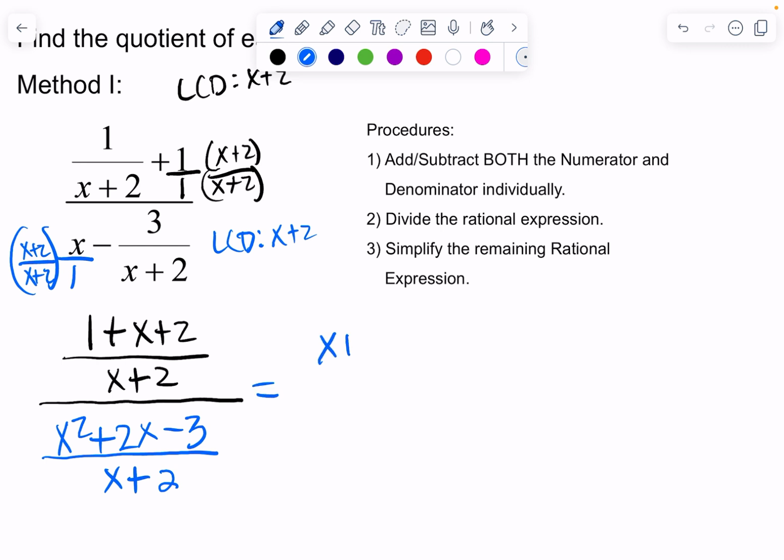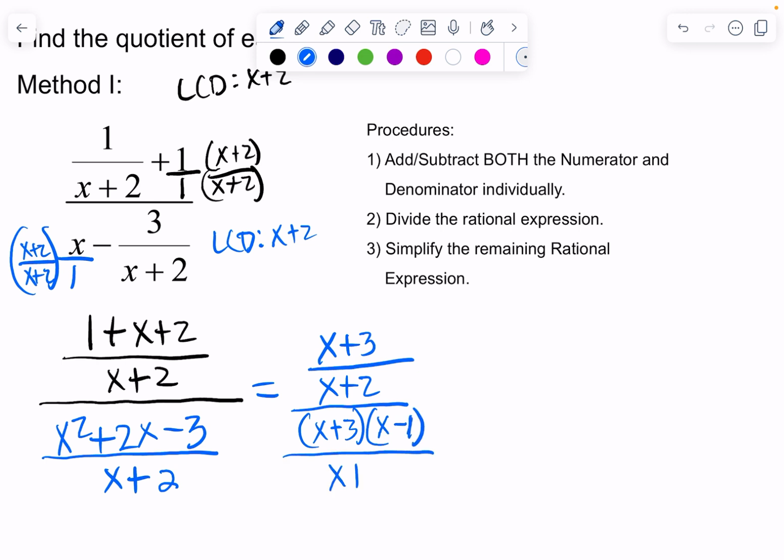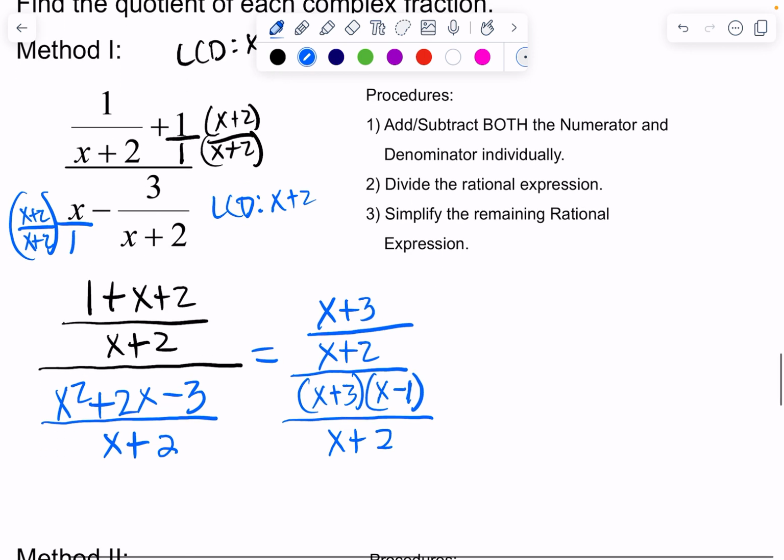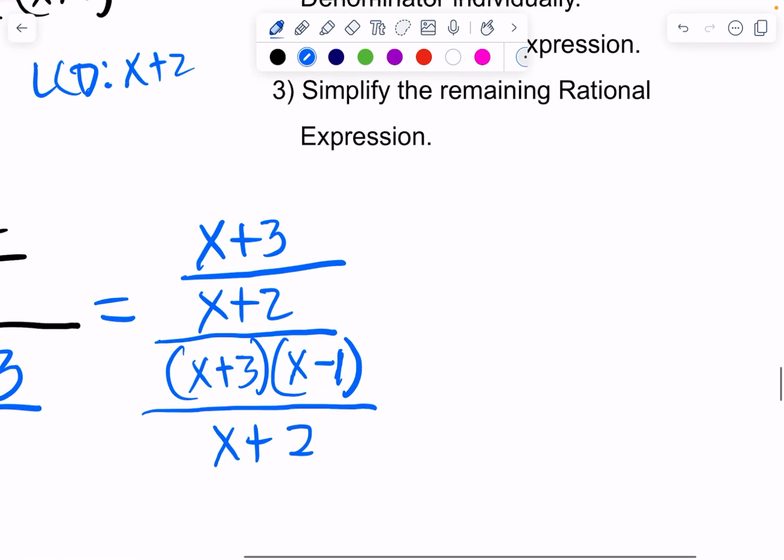So I've got x plus 3 over x plus 2 divided by, let's go ahead and factor, x plus 3 times x minus 1 over x plus 2. Now I'm going to go ahead and stay, change, flip.